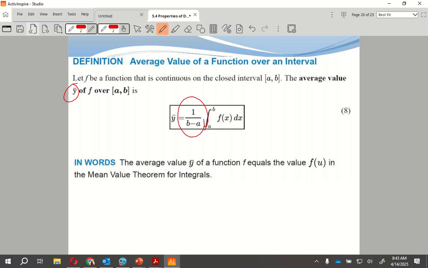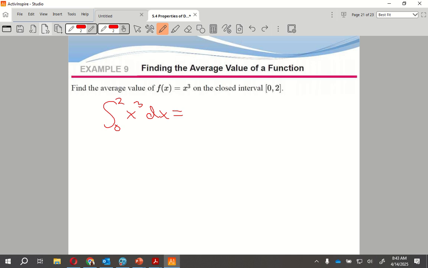Okay, 1 over b minus a, so I'm going to have 1/2 times the integration, which is going to give me x to the 4th over 4 from 0 to 2.